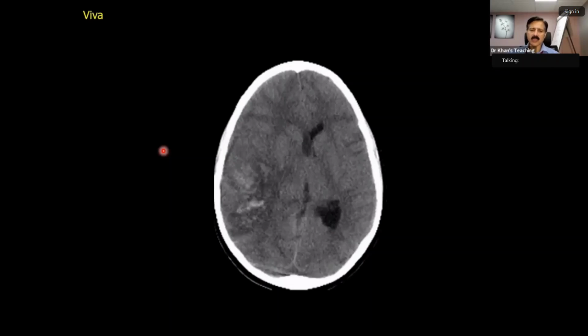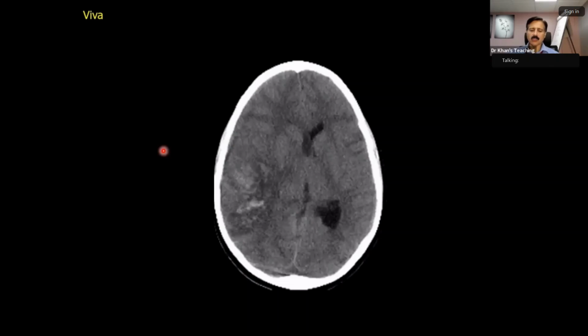When the cortex hits the skull, usually there are particular sites, for example, base of skull, frontal lobes, because of the undulated appearance of the skull base. So contusion will occur there. By definition, part of the cortex has to be involved.